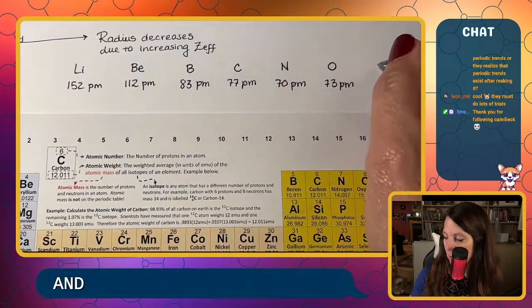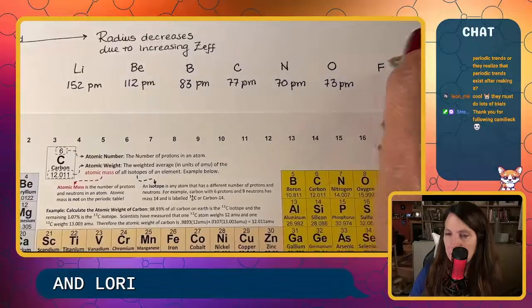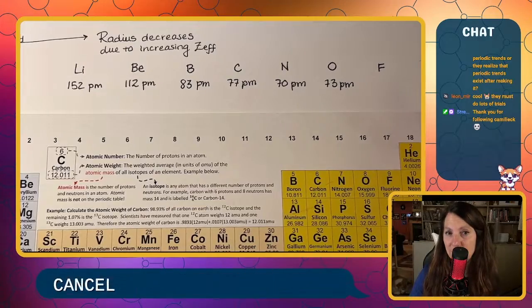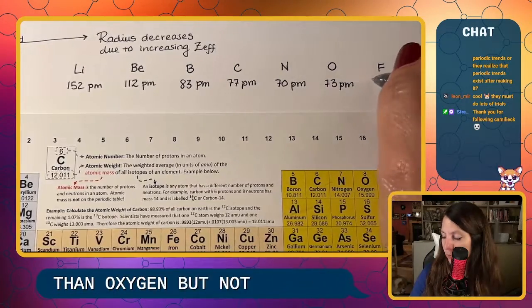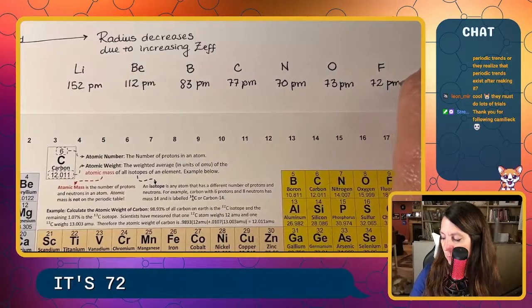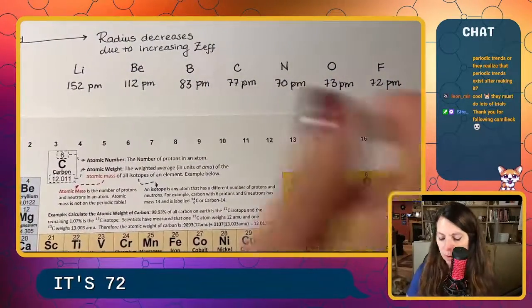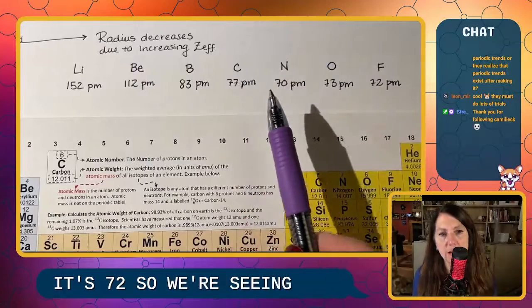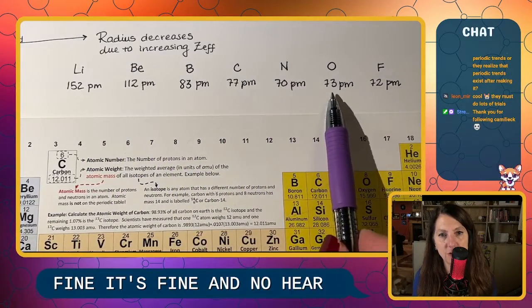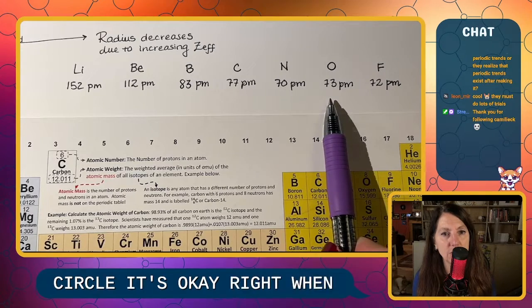And the fluorine atom is trying to continue the trend. It gets a little bit smaller than oxygen, but not very much. It's 72. Okay. So we're seeing this trend is fine, it's fine, it's fine. And then here's our glitch. Okay, right when we hit oxygen.